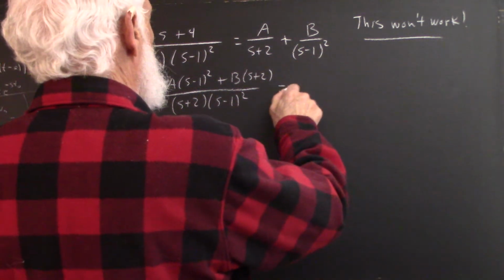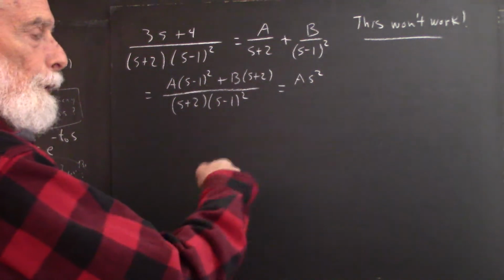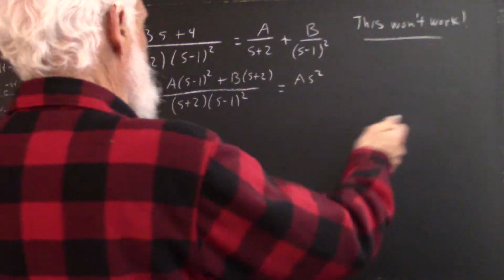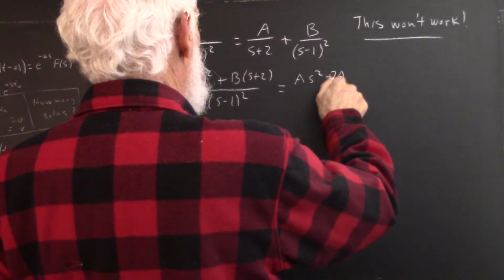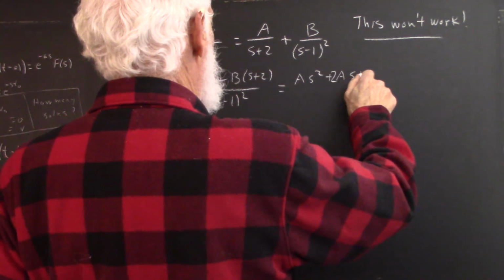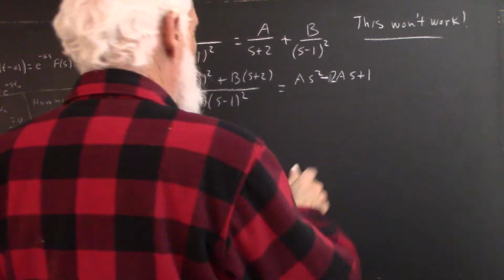So this equals, now S minus 1 squared is S squared minus 2S plus 1, easily done if you use the distributive law. And it's minus, okay?